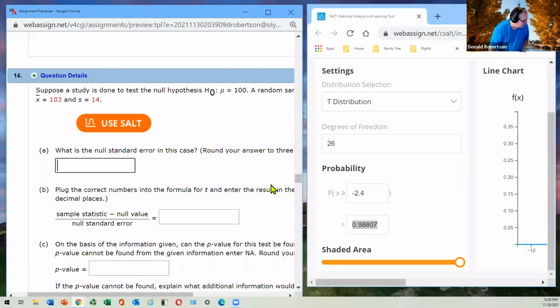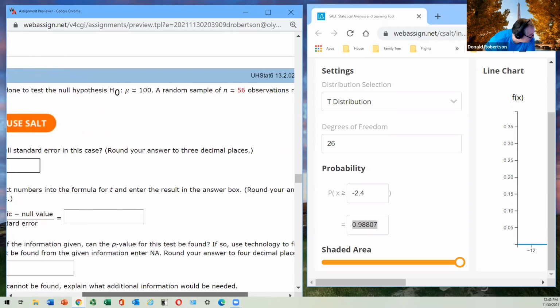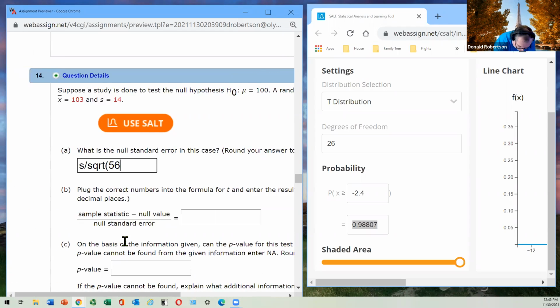Well, the standard error is s divided by the square root of n. n happens to be what in this story? 56. So I'm going to take 14 and divide it by the square root of 56.